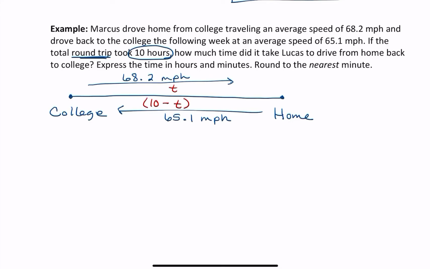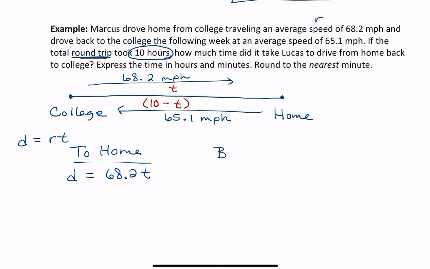So here, the formula we're going to use, we're dealing with speed and time. That should be a hint that you're going to use distance, which is rate times time. Your speed is your rate, and your time is our variable. So let's write an equation for the first one, from the college to home. The distance is his rate, which was 68.2 times t.